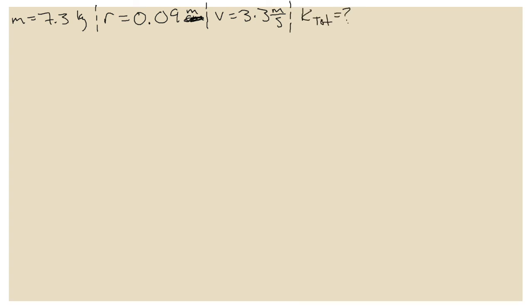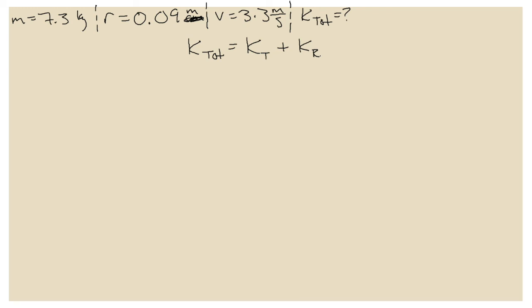Now, as I mentioned here, this thing does have two kinds of energy, and so we are going to write an equation here just to start us off. The total kinetic energy equals the translational plus the rotational kinetic energies. And the main point here is that you want to do substitutions to make this work.